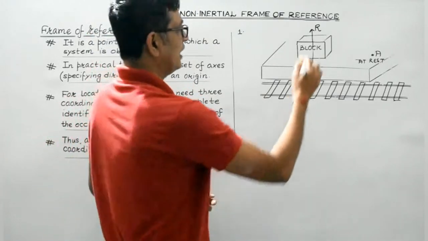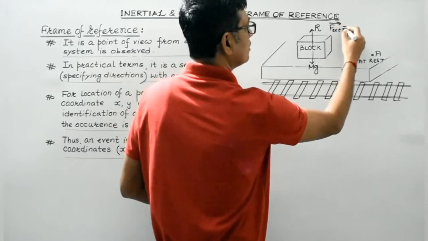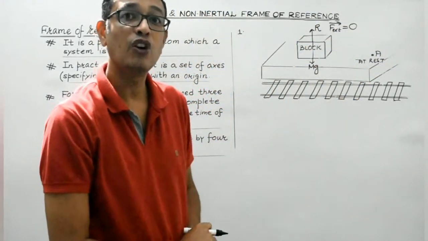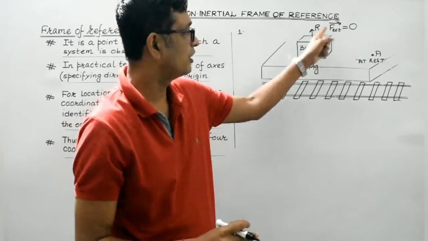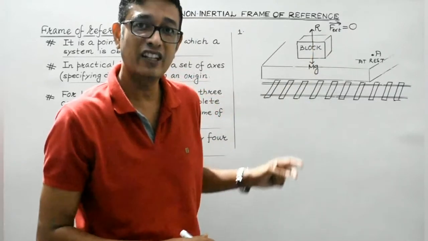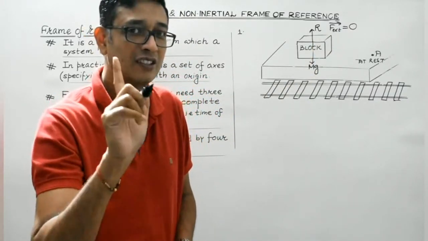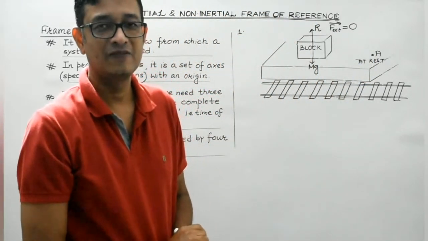So net external force acting on this block is 0. So from this observer's point of view, the block is at rest, which is absolutely correct. In the absence of a net external force, if the block is at rest, it will remain at rest. So Newton's first law is valid from this frame of reference.